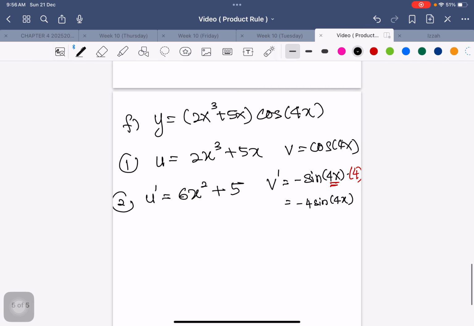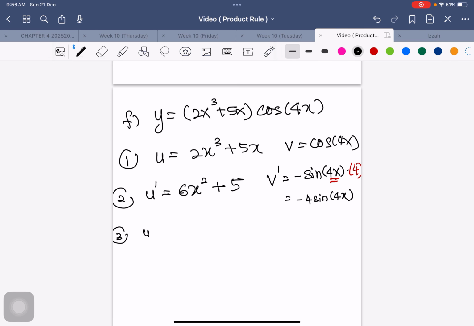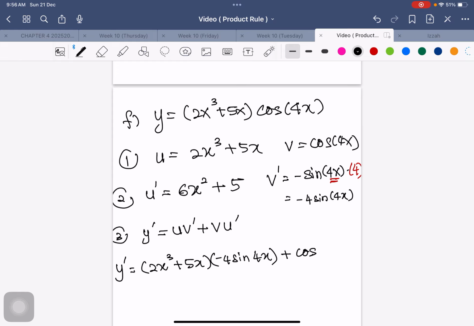Okay, so now we substitute into formula, which is y prime is equals to u v prime plus v u prime. Okay, so this one is equals to, okay, 2x cubed tambah 5x darabkan dengan negative 4 sin 4x plus, so your v is cos 4x. I put it down here lah.